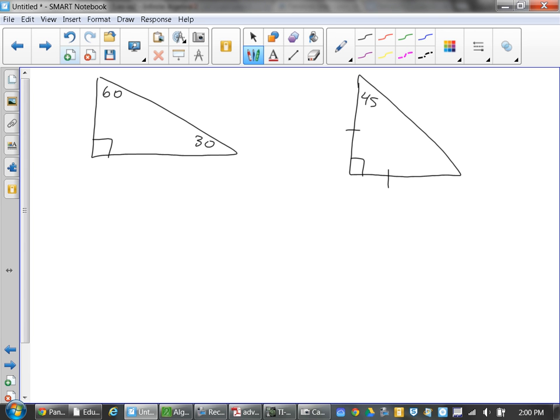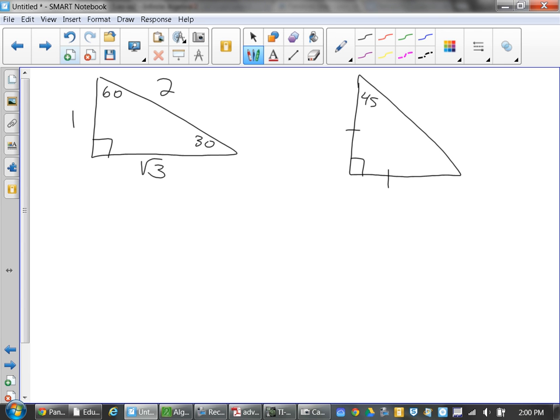And you guys learned about those two triangles last year. You learned that the opposite of 30 was some value x, opposite of 60 was x root 3, and the opposite of 90 was 2x. We simplified it and said 1, root 3, and 2.